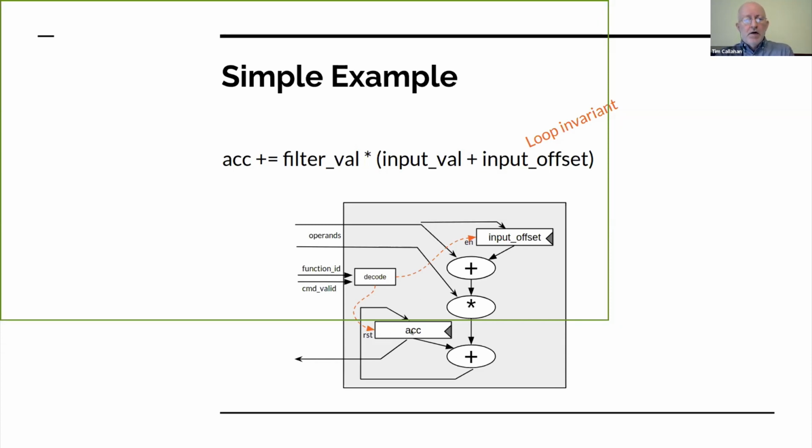And it will also zero out the accumulator. And then the main multiply accumulate custom instruction will just need to be given a new filter val and a new input val each time you execute it. And then at the end, you can pull out your final accumulation.